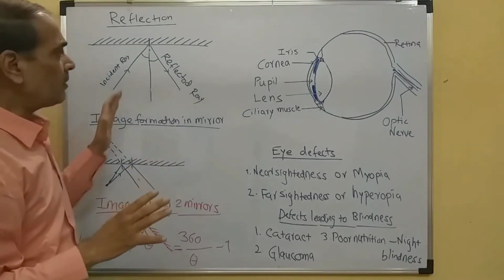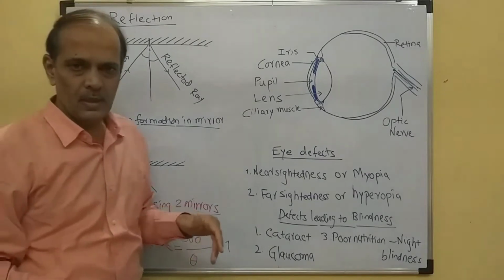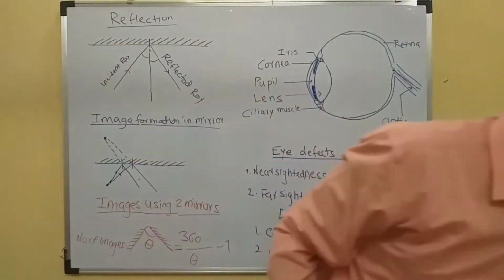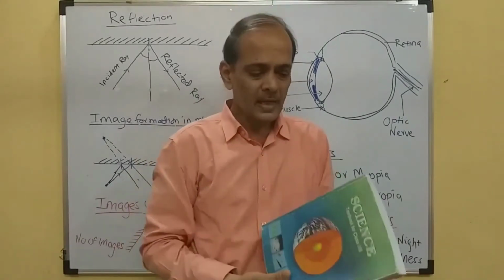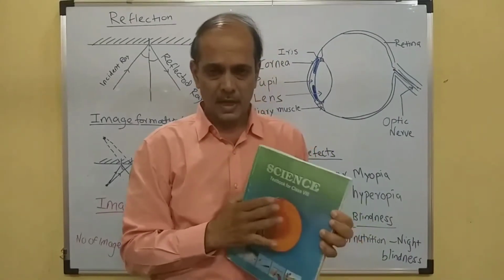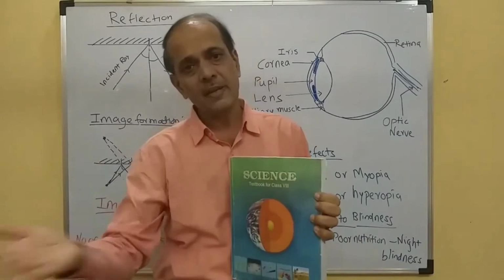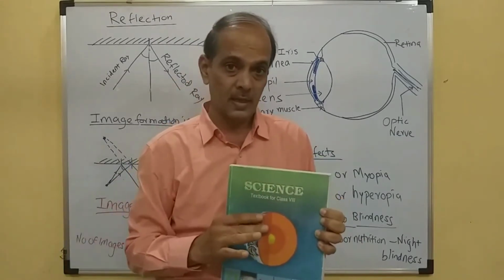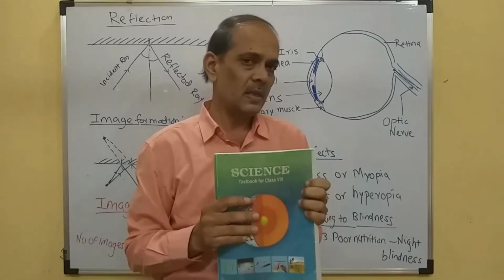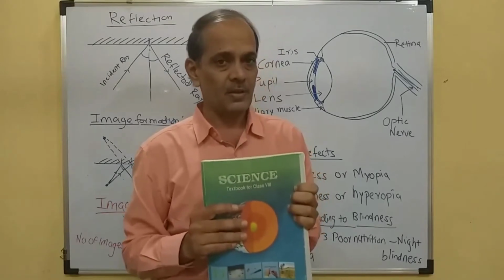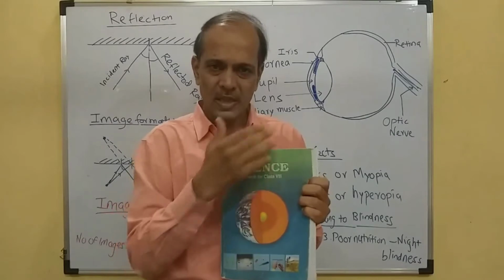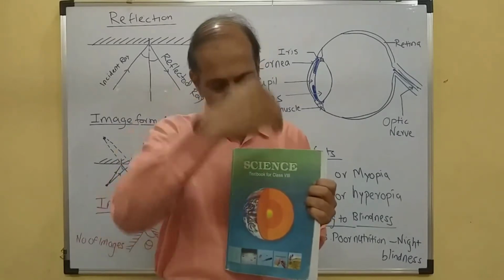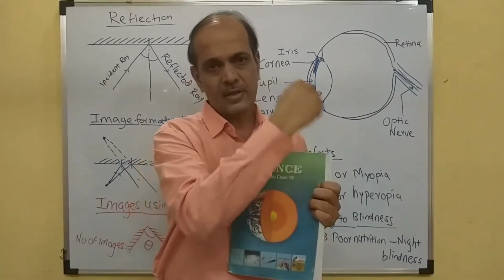Now, when light falls on any other object, take an example, I take a book. This is some book. I can see this object. That means light is reflecting from this surface as well. But this is not regular reflection. It is diffuse reflection or scattering of light. Rays falling here are going in different directions.